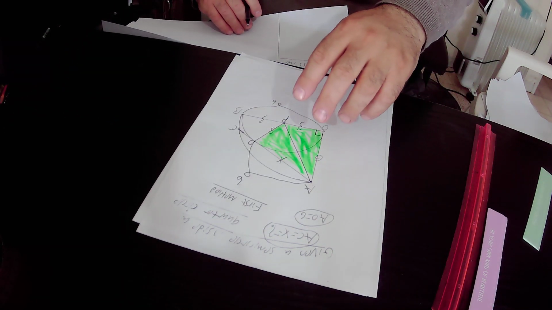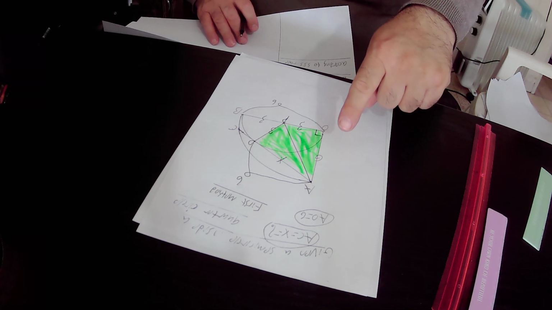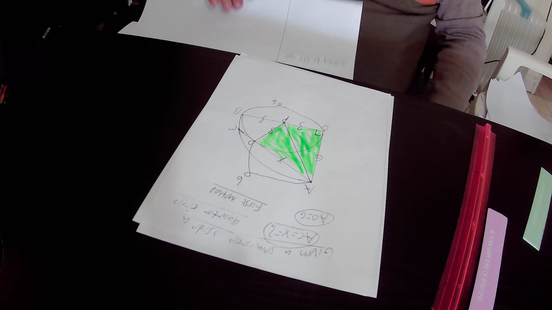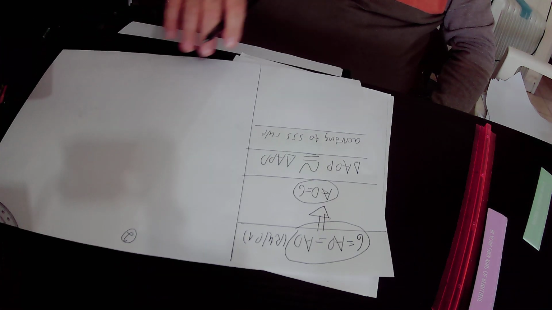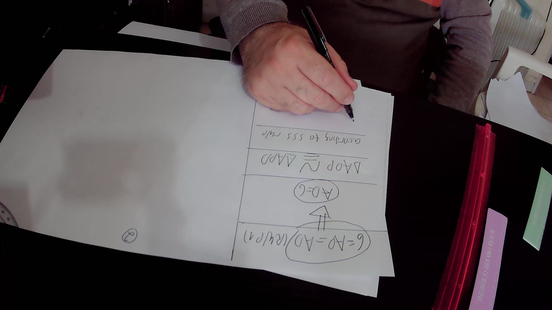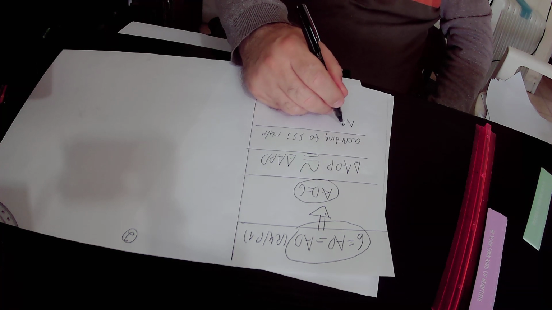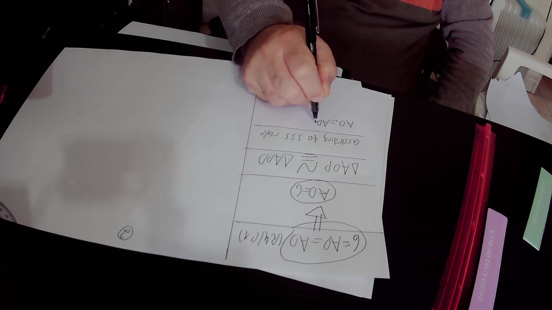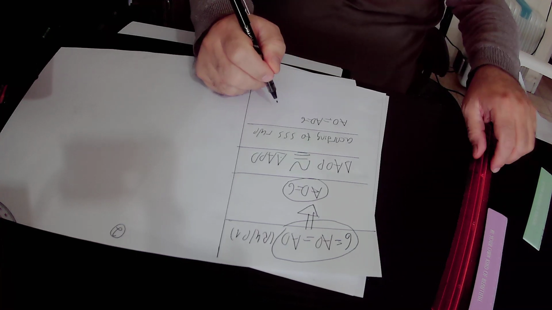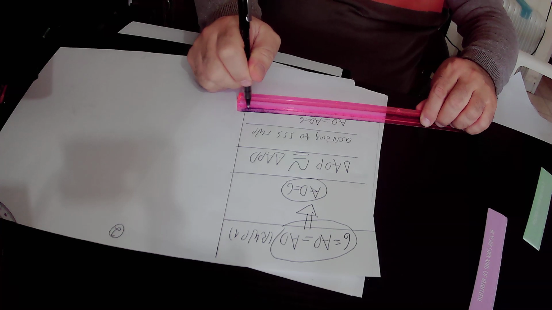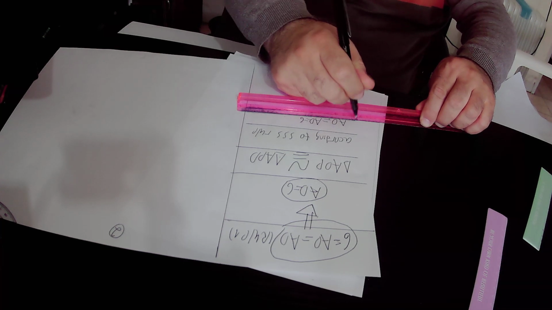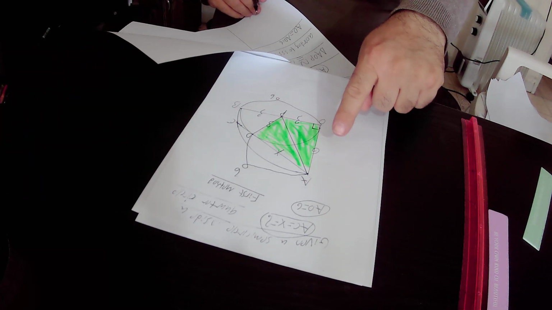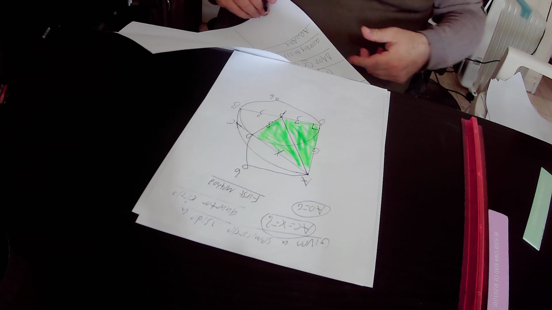So why are those two triangles congruent to each other? First of all, side AO equals side AD equals 6 units according to rule number 1. In addition, side AP is a common side, it belongs to both triangles.